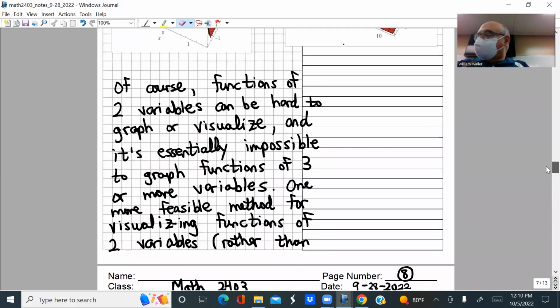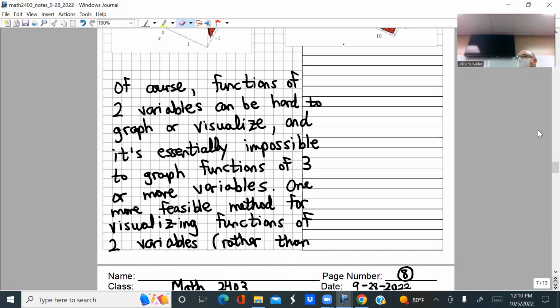Now, functions of two variables are already hard to graph and visualize, right? And I mentioned earlier, graphs of functions of three or more variables are essentially impossible.